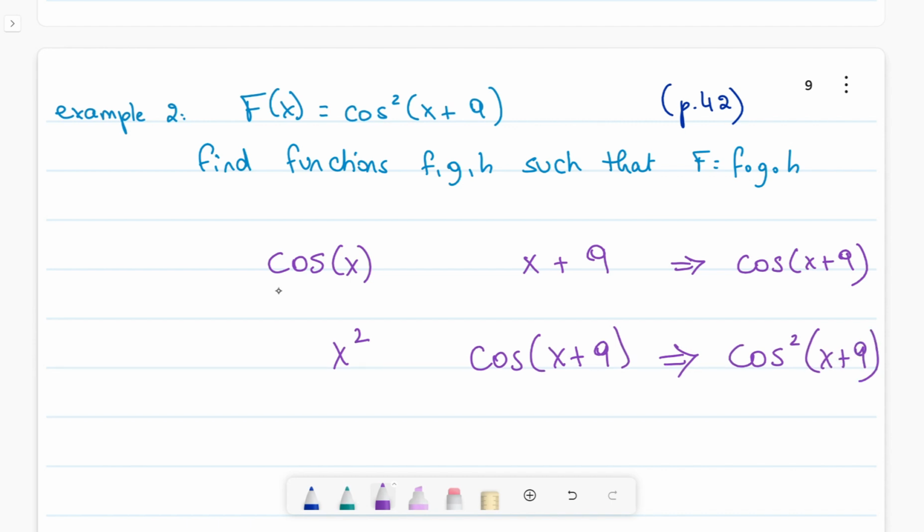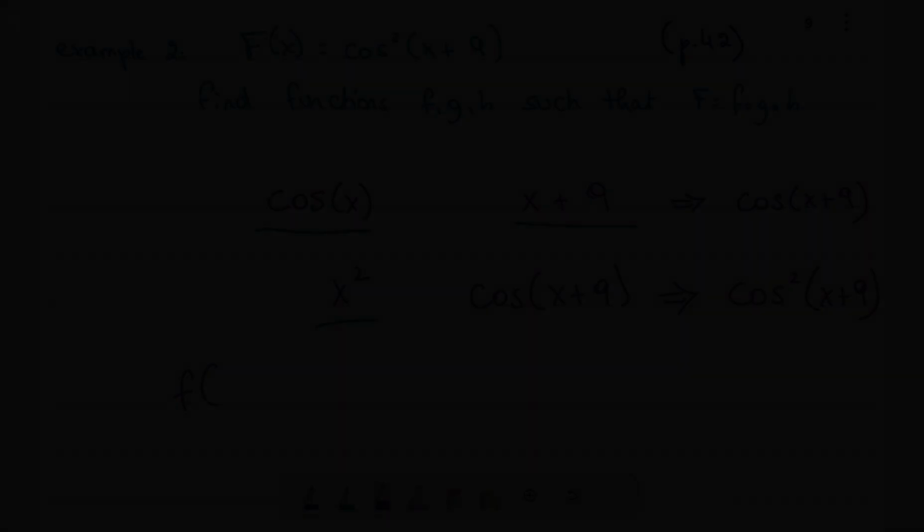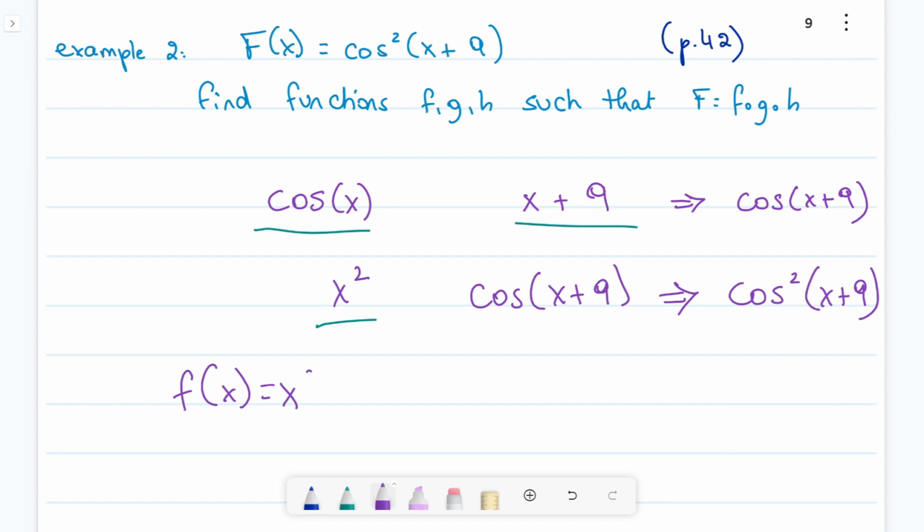Now we got our three functions. All that is left to do is to order them. f of x equals x squared, g of x equals cosine of x, and h of x equals x plus 9.